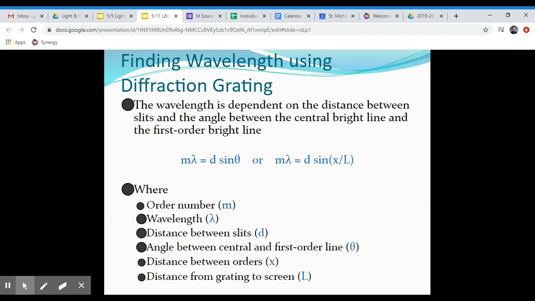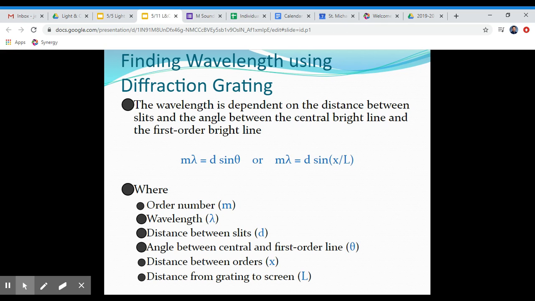Wavelength, we know, should be measured in meters. Distance between slits, d, is the distance between the slits on the diffraction grating itself. If you're talking about a diffraction grating, you're talking super tiny numbers, usually in scientific notation, times 10 to the negative 6th or 7th or whatever it might be.